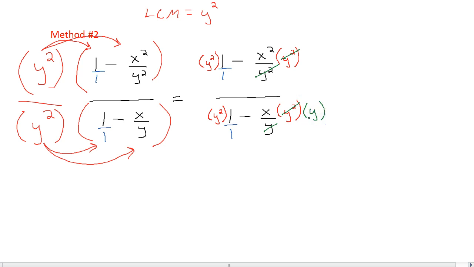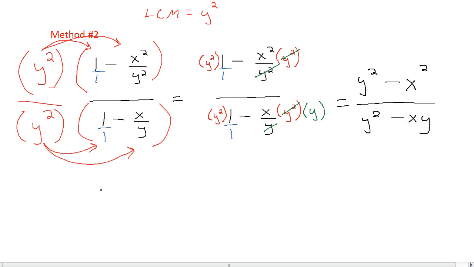Then when you clean that all up, over here I've got y squared minus x squared, and there are no denominators. Here's my large division bar, and in the denominator I've got y squared minus x times y.